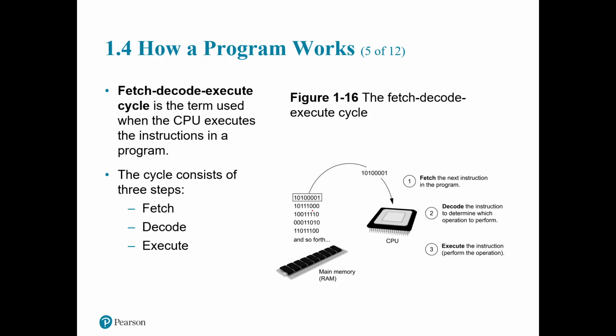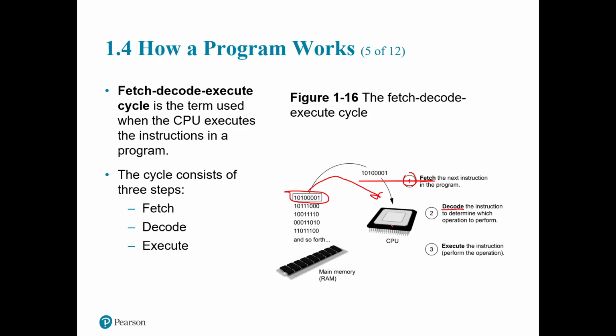This is just a term that we use to explain what happens when the CPU executes any instructions that are in the program. Fetch is the first step. It's where we get the instructions from the program, right? We get this number from the program into the CPU.